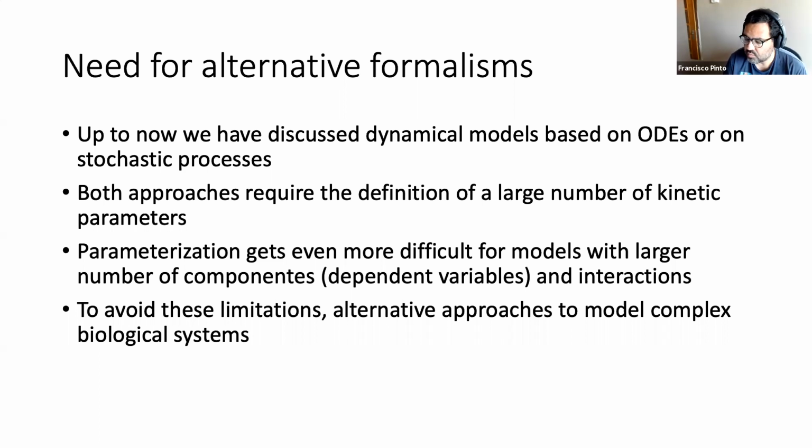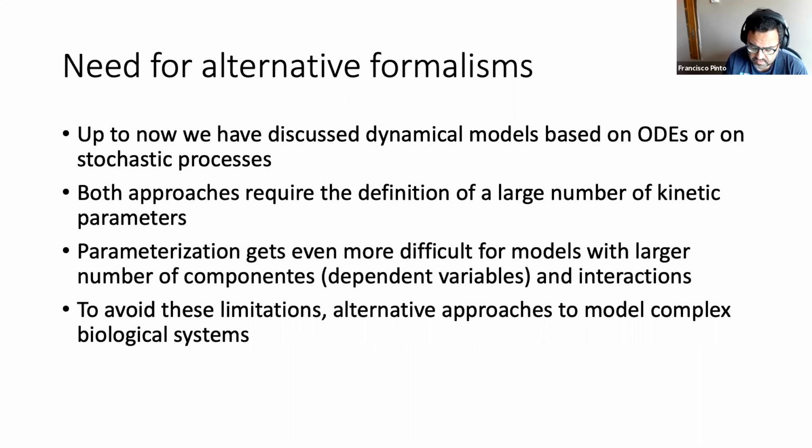So more interactions, more processes, or the processes are regulated by more components, and that means that you need more parameters. And getting the right parameter values is a bottleneck in the development of differential equation systems or of stochastic models.